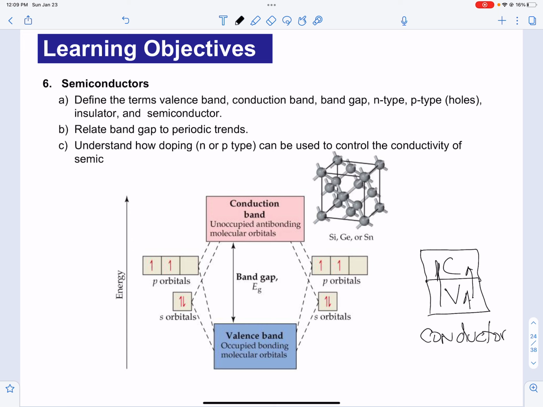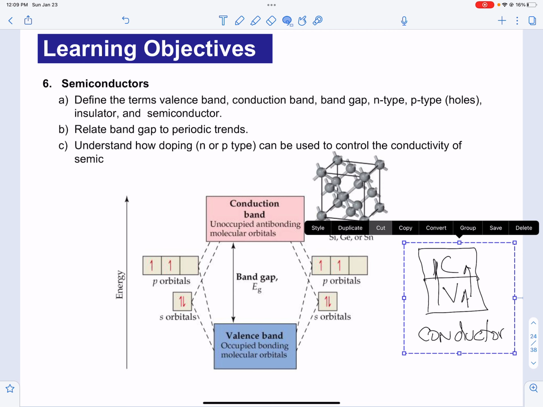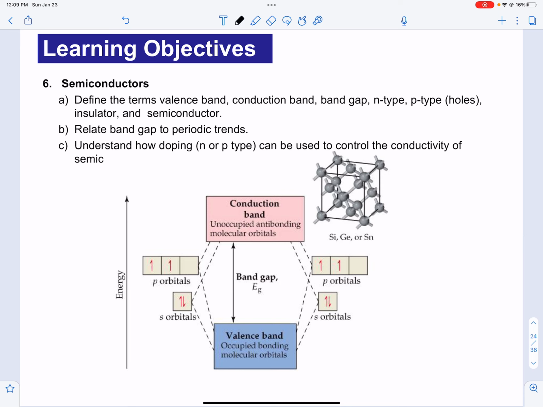So a conductor will be when there's no band gap at all, or the gap is so small that the electrons can move really easily from one to the other. So what happens when you actually have a gap and it happens to be less than 5 electrovolts? Remember, 5 electrovolts is the forbidden number. Once you get to that point, there's no way the electrons will move. There's no conduction at all.